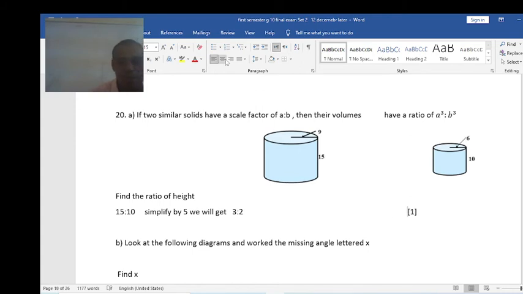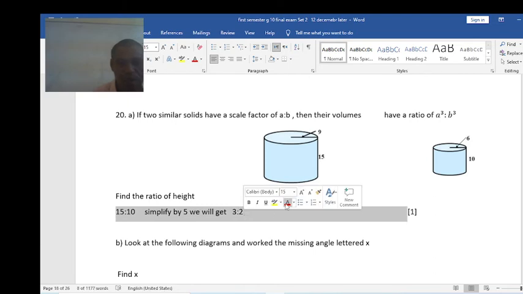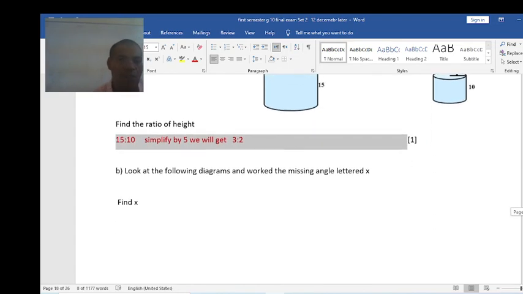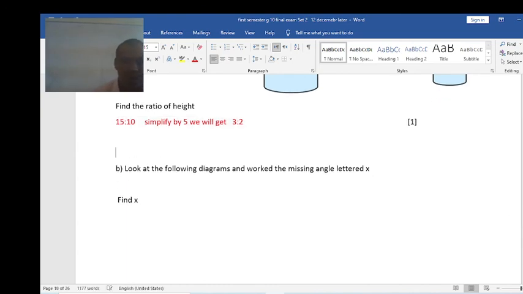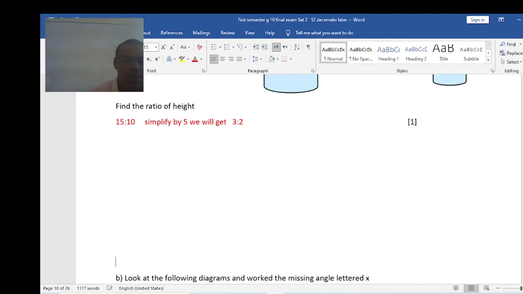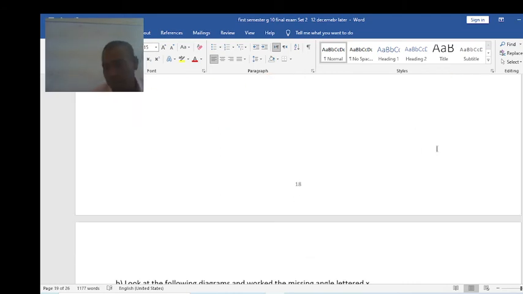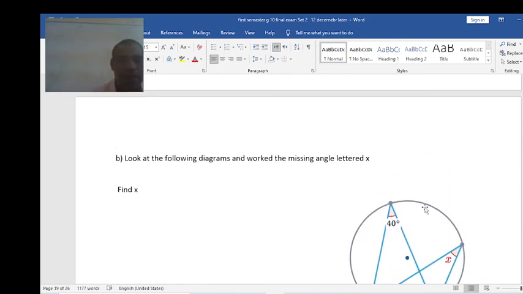Now the next one, this is how we can solve this question. Look at the following diagram and work out the missing angle.